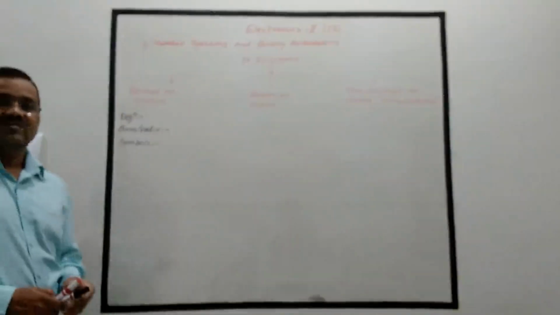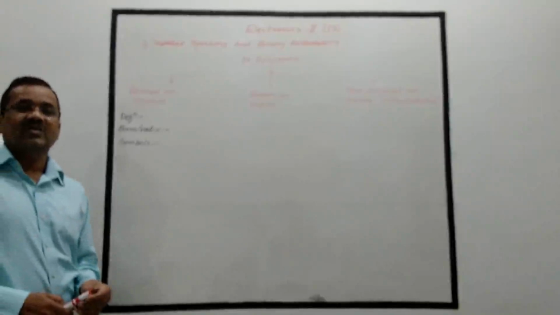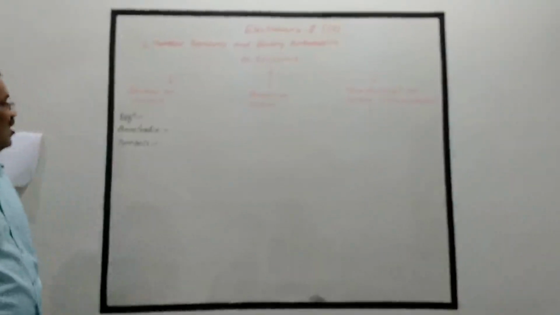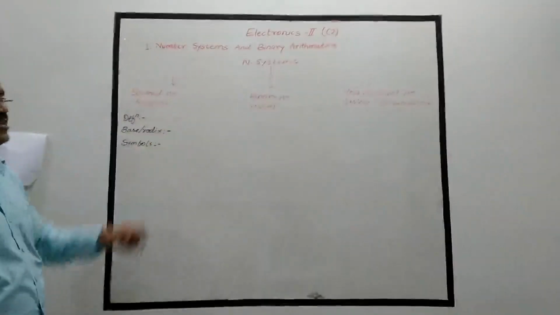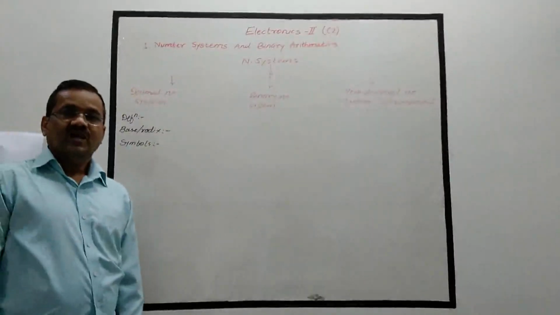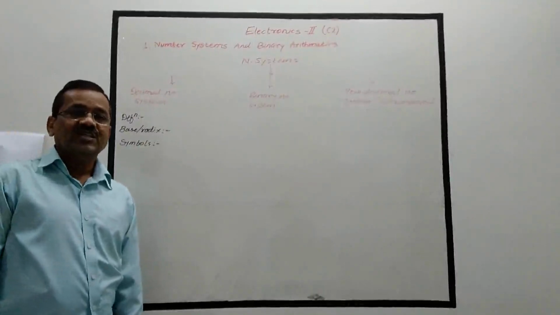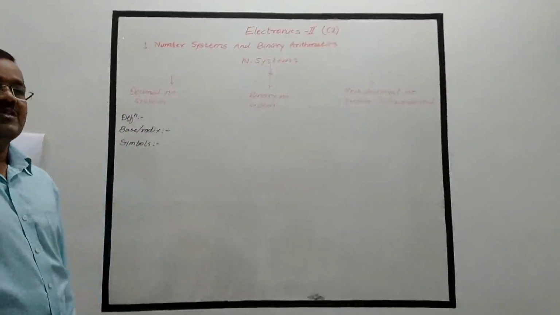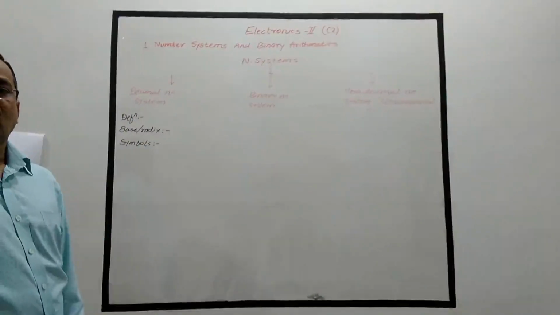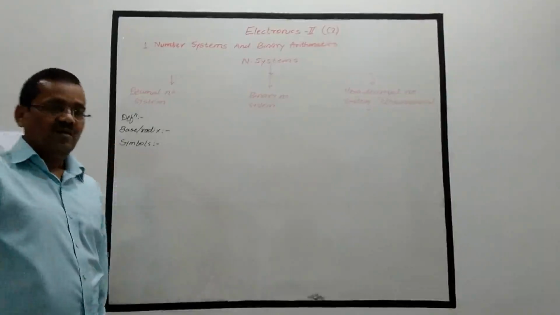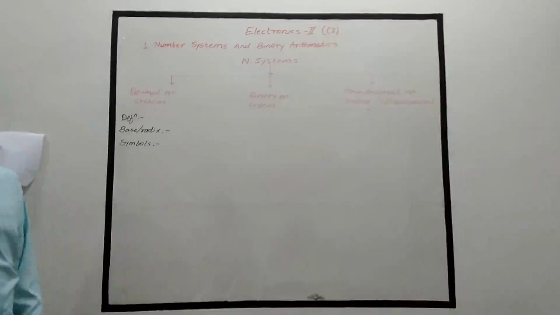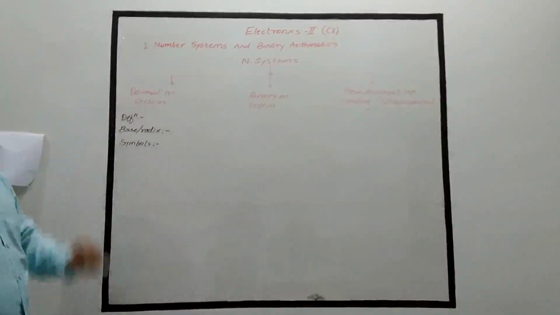The decimal number system is what we use in day-to-day life. How do we define it? A number system which consists of 10 basic symbols, or 10 ordered symbols, bits or digits, is called a decimal number system.